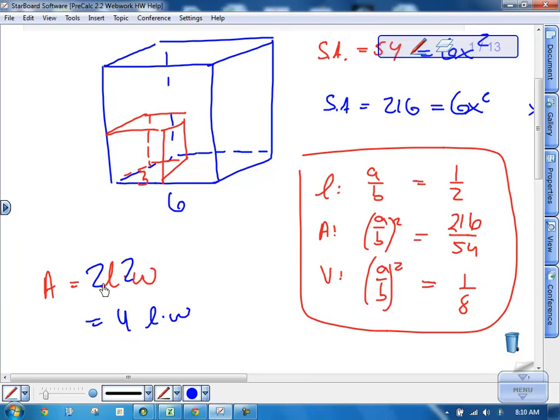So when you make the length twice as big, and the width twice as big, and the height twice as big, you have 8 times the original volume. So when you make something twice as long, you actually increase the volume by 8 times as much. All right, so this is supposed to be cubed. Sorry, right here, this is cubed. Those are our relationships, and we'll do this quite a bit. Hopefully that'll make sense.